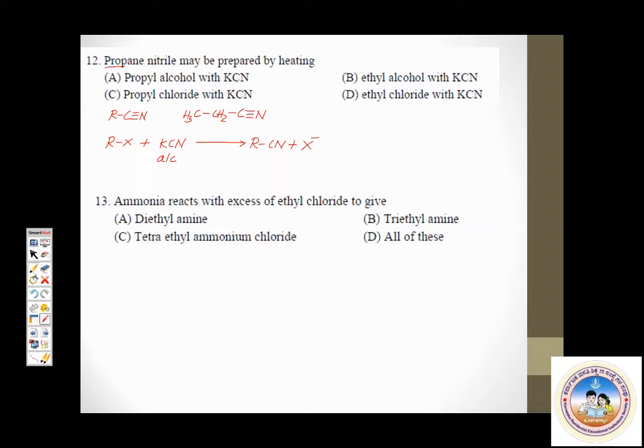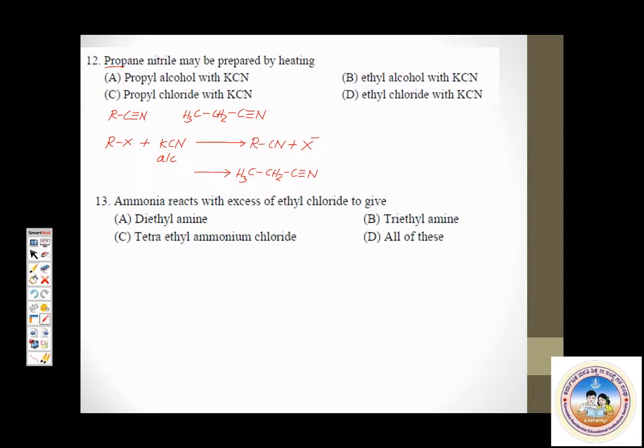See, if I want propane nitrile, CH3, CH2, C triple bond N. Okay. So I should start with some alkyl halide because alkyl halides undergo nucleophilic substitution reaction very easily. Now in the given options, how many options have alkyl halides in them?